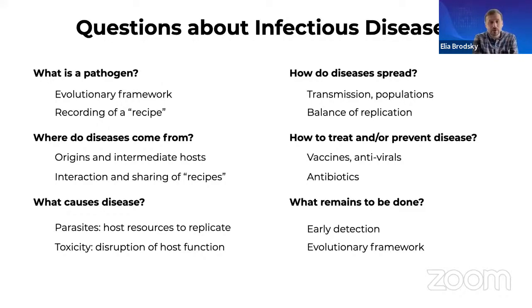Because as we will see in the last portion, what remains to be done, we'll see how the same principles of evolution can help us understand how the diseases that are caused by pathogens are only preventable if we can develop systems of early detection and understanding of the evolution that they undergo, because we can identify a precise variant and we can treat that precise variant, but we don't always know how to anticipate novel variants.